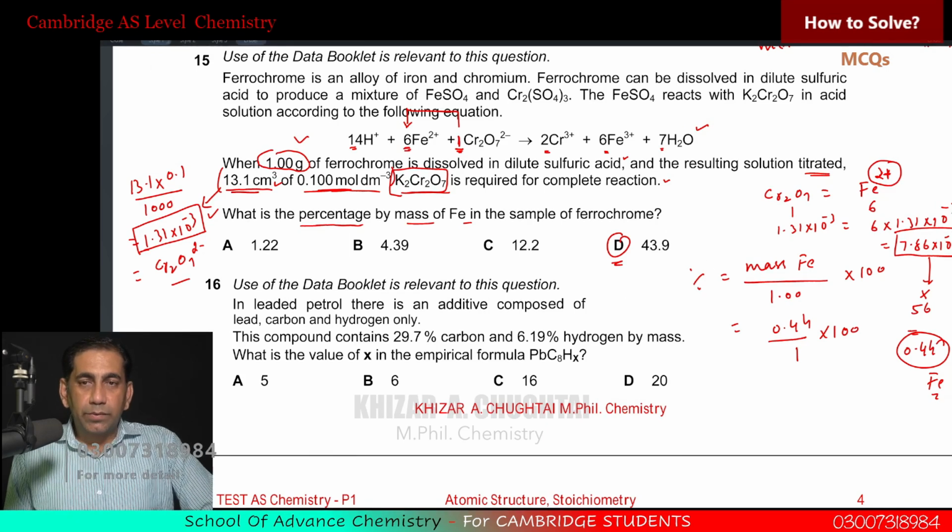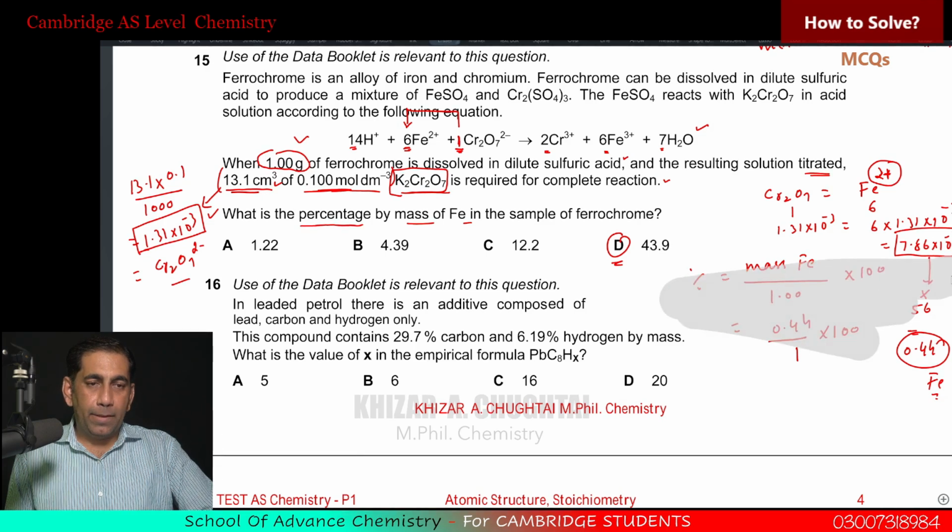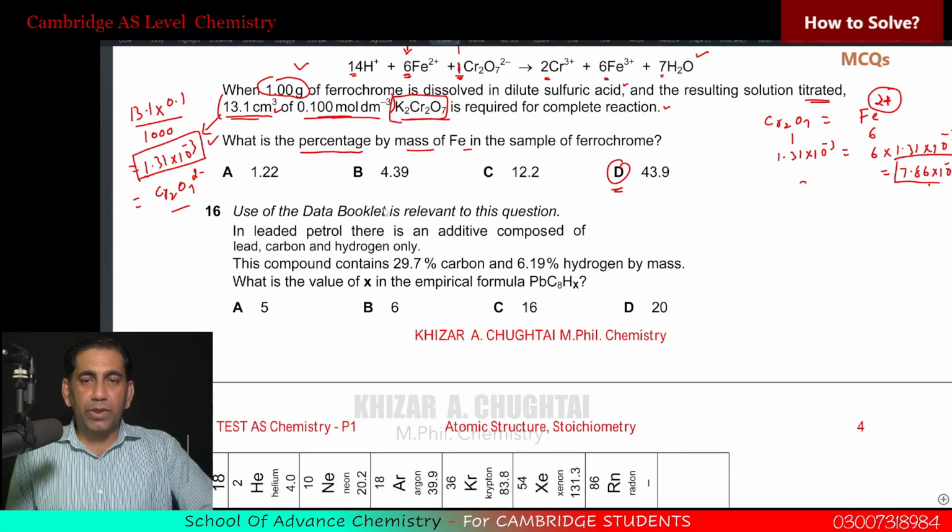Come towards the next question, that is empirical formula basically. How to find the empirical formula of this one? The data booklet is relevant to this question. In leaded petrol, there is an additive composed of lead, carbon, and hydrogen only.